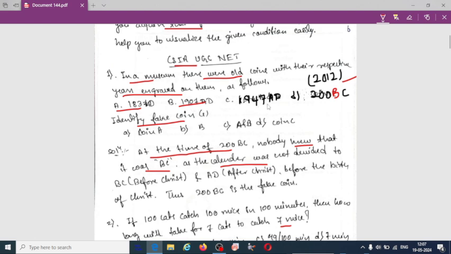So all these are related to after Christ, 1900, 1947. So this coin D, that is 200 BC, before Christ, is the fake coin, because we don't know at that time before Christ or after Christ.